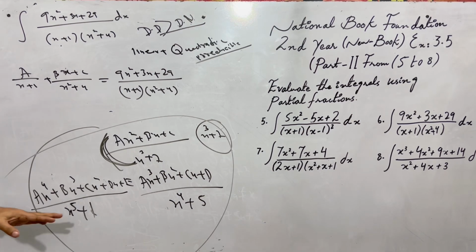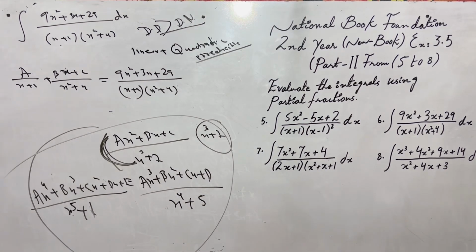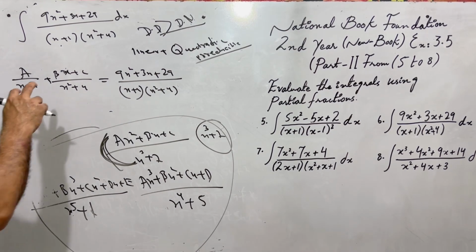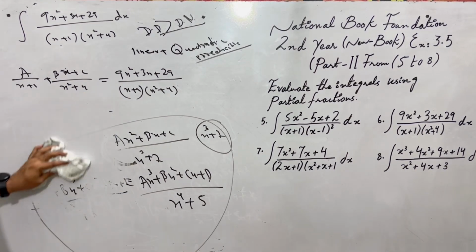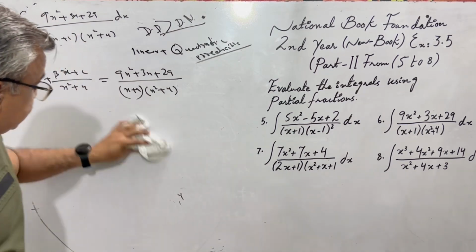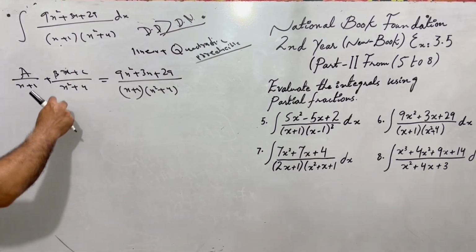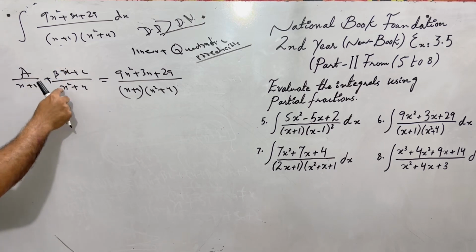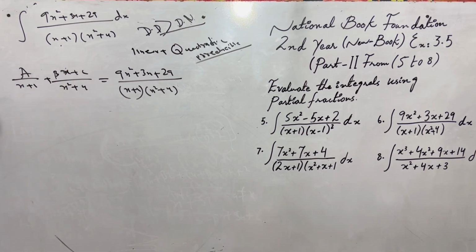In complex numbers they can be factored out, but we are dealing with real numbers, and according to real numbers they have no real solution. That's why we applied quadratic irreducible. That is the study behind it: the difference of degree between numerator and denominator is 1. Okay, find the values of A, B, and C.